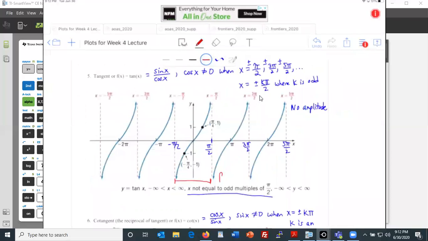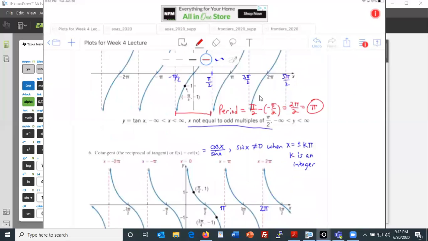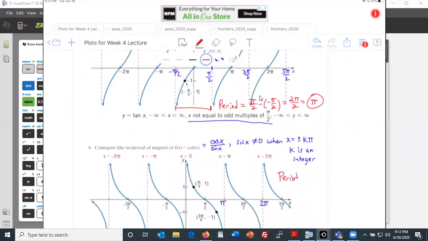All right, so therefore the period would be pi over 2 minus negative pi over 2. So we're going to be adding those. So it's pi over 2 plus pi over 2 is 2 pi over 2 is pi. So therefore, tangent has period of pi. So does cotangent. The period of this is also pi for the same exact reason. And this also has no amplitude.